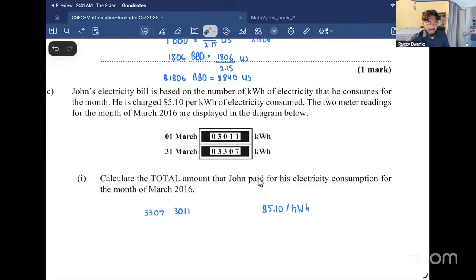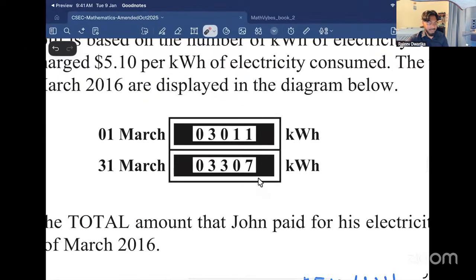Exactly. So, Virginia, does the 3,011 tell us how much energy she used on the 1st of March? No, it tells us how much energy she used up to the 1st of March. And this one tells us the amount of energy she used up to the 31st of March.